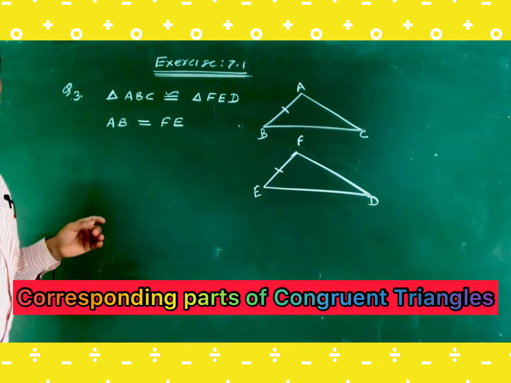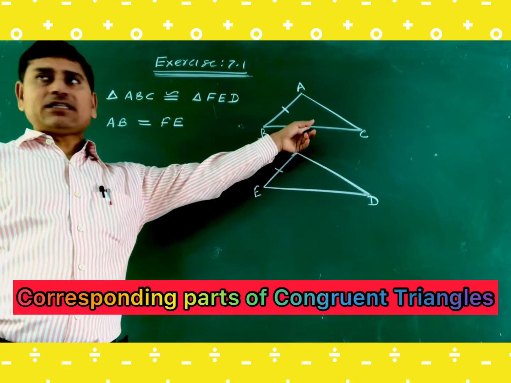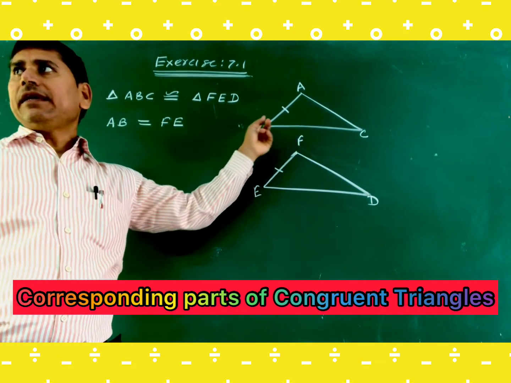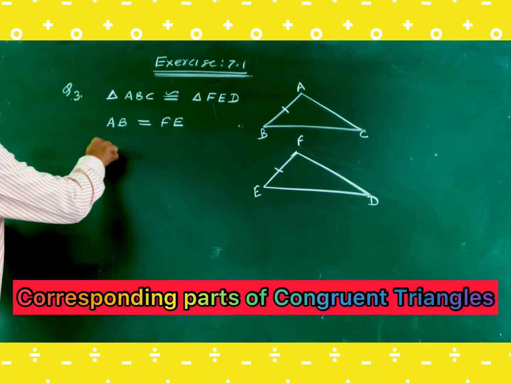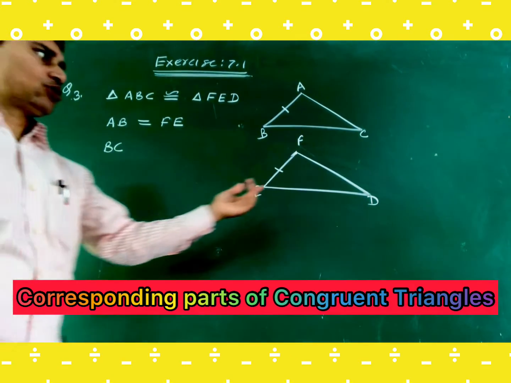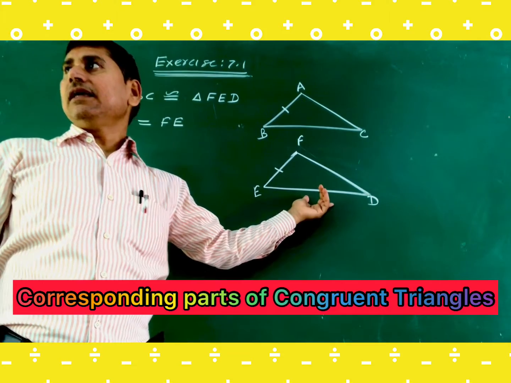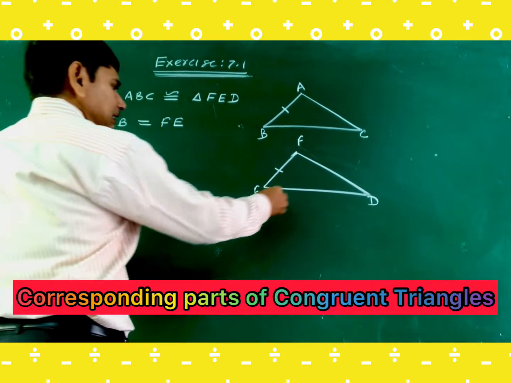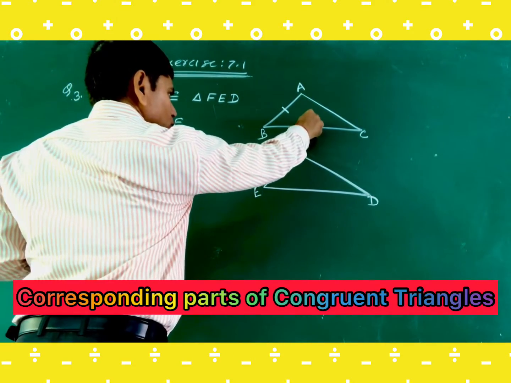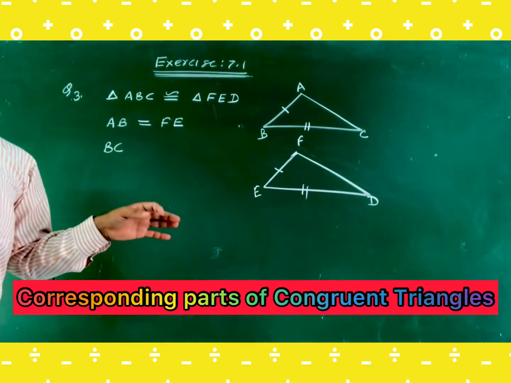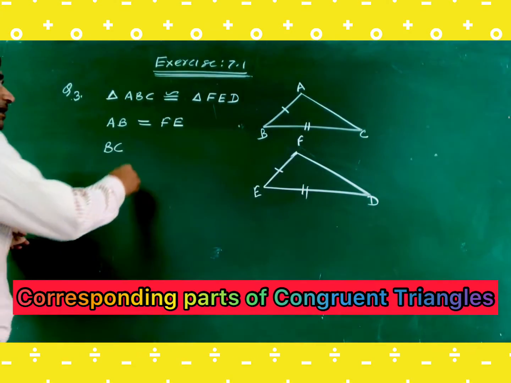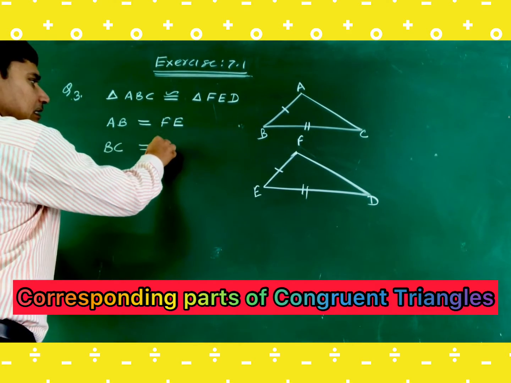And second, the base of this triangle, the name of the base is BC, and the base of this triangle is ED. So these two sides are correspondingly equal.